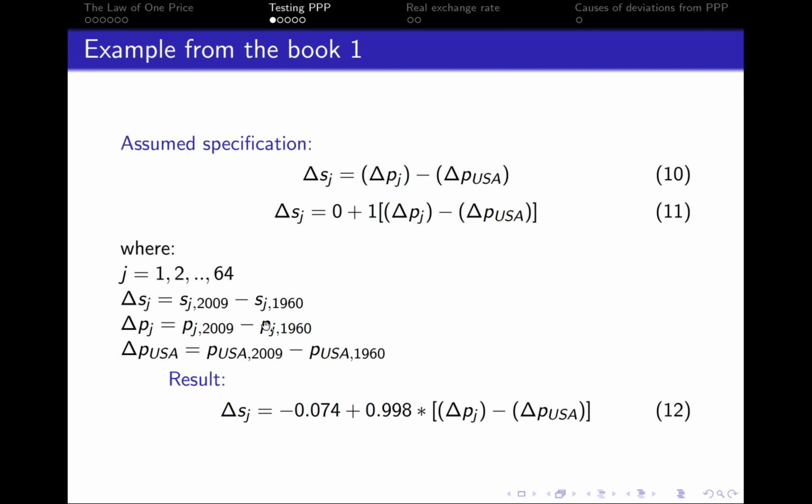I hope you can see all of that over here. j is simply the index for a country. And look, now when we want to estimate this equation, I didn't add a disturbance term, but of course this was estimated using OLS. And what is very important to notice here, there's no time subscript because we've just calculated differences between two time periods.